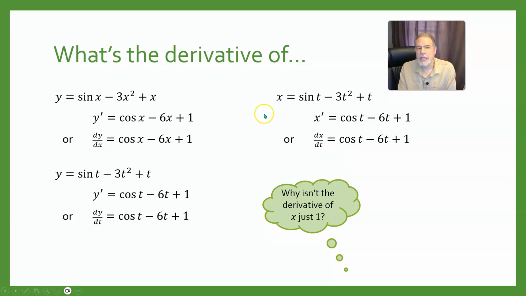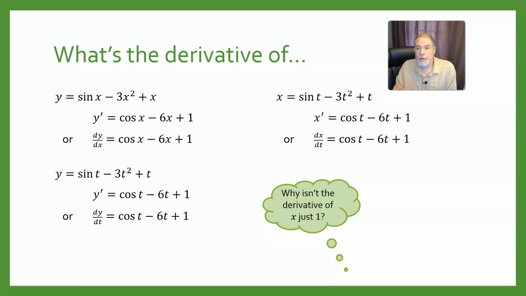The distinction is the derivative of x with respect to x is 1. So if you're differentiating with respect to the variable x, you do just get 1. But in this case, x was a function of the variable t.